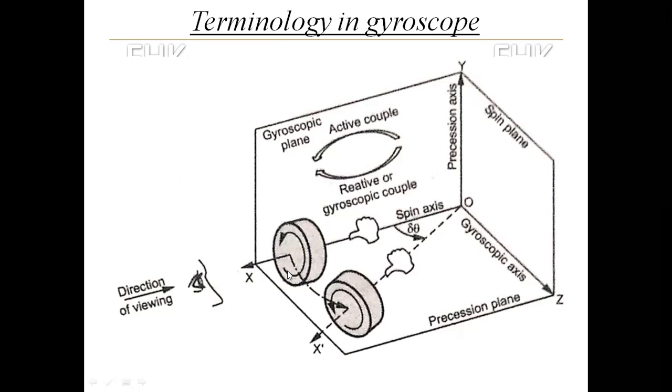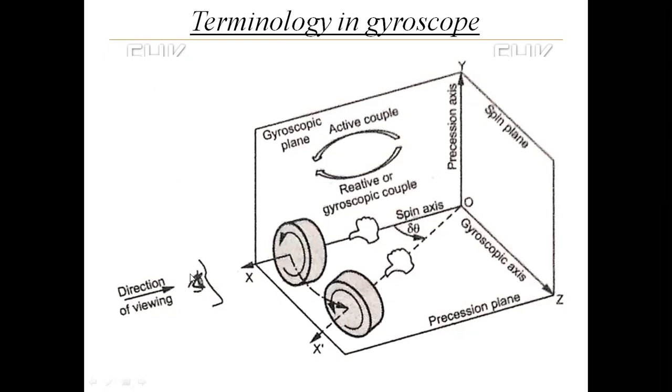That rotation you can see in which plane, that plane is called the spin plane. So this is the direction of the observer. The observer is looking at the rotor from the left side, as shown by the arrow.